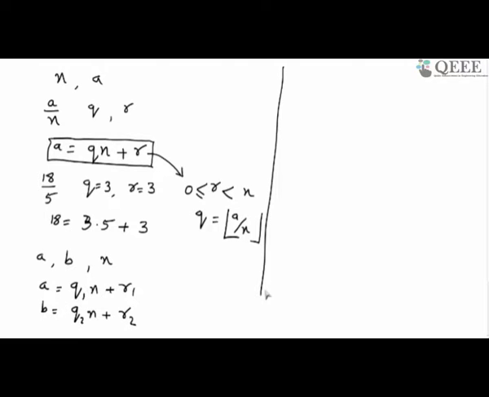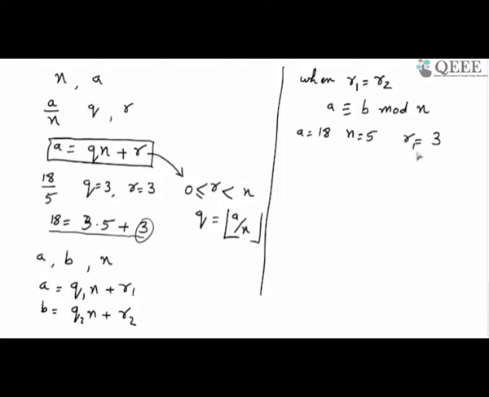So one thing that is interesting for us is that when r1 is equal to r2, we say that a is congruent to b mod n. So let us take this particular example where we took a equal to 18 and n equal to 5, so we got a remainder of 3. So this is our r1 equal to 3.